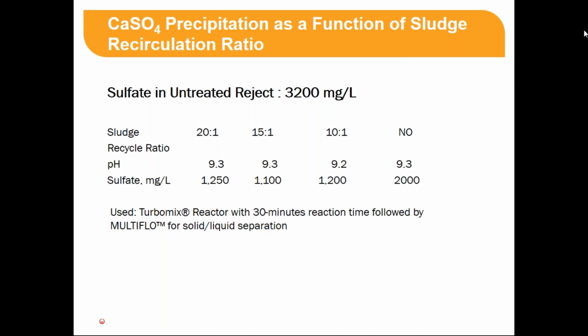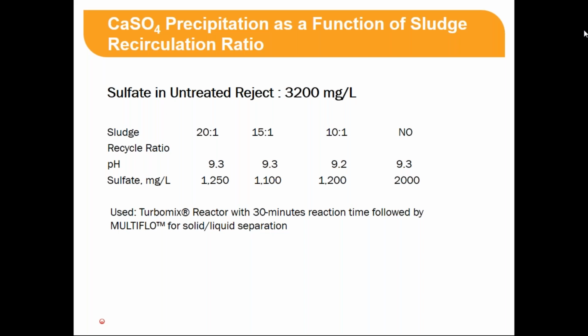So when I didn't have any sludge recirculation, I was able to reduce sulfates from 3000 milligram per liter down to 2000. With 10 to 1 sludge recirculation, we were producing around 1200 milligram per liter of sulfates in the effluent.